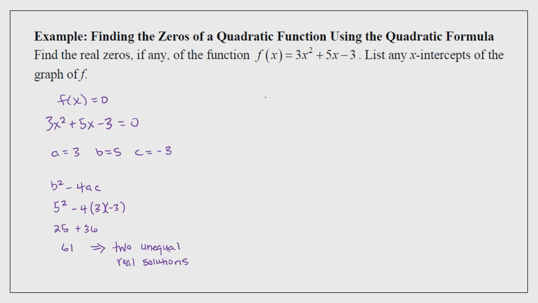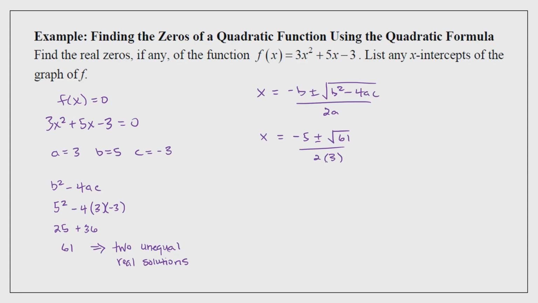So now we can use the quadratic formula to help us find those two unequal real solutions. In our quadratic formula, negative b plus or minus the square root of b squared minus 4ac, over 2a. We know what b squared minus 4ac is because we've already identified it, so we can just substitute in our values. So b is 5, plus or minus the square root of 61, over 2 times a, which is 3.